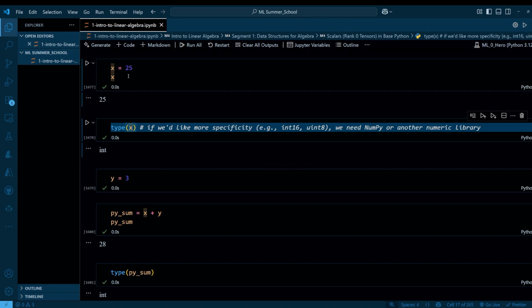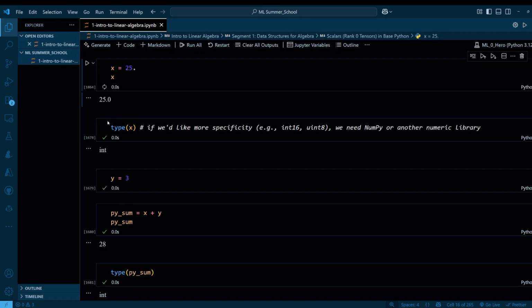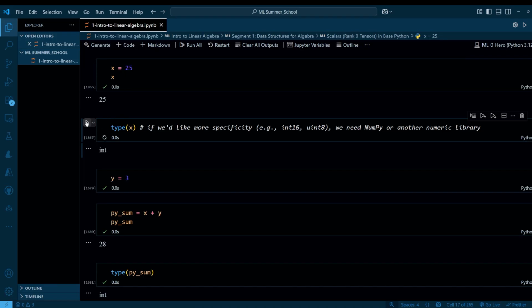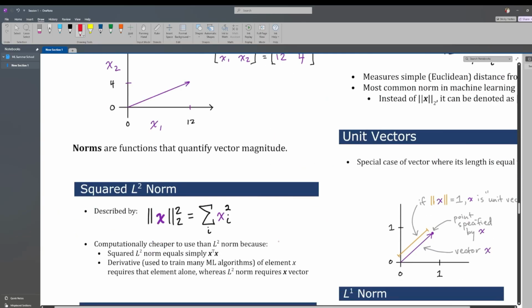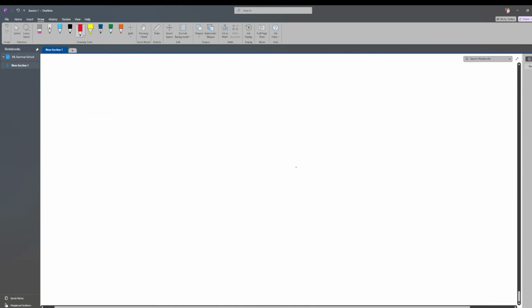If we had used something like 25.0, you can see now it's float. After 25, if we have some decimal points, we consider these as floats. This is something you need to understand. So let me clear this again and write it here.